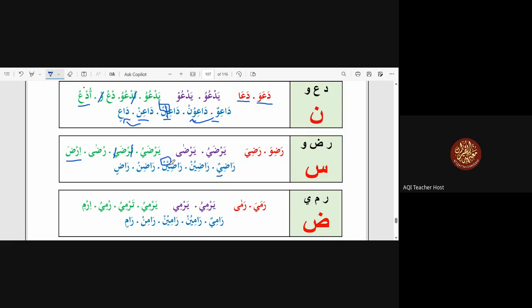So the weak letter with sukun will drop and it will become radin. To make it simpler, just tanween is added with dot, so it's radin. This is exactly the same, just made simpler and easy to pronounce, radin.